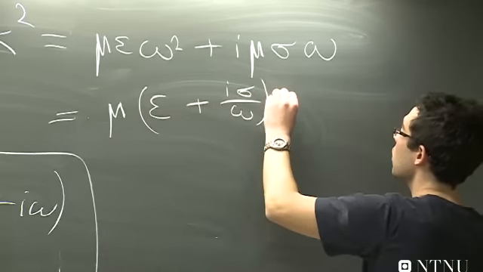Now, what I got was exactly the same as in the frequency domain. Now I had to assume frequency and time independence for epsilon and sigma. But you saw that in the frequency domain you got the same result, actually simpler. Now, this of course means that the k is complex, because when I take the square root now, I'm taking the square root of something that has a real part and an imaginary part.